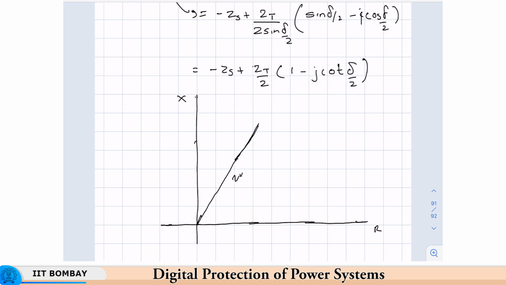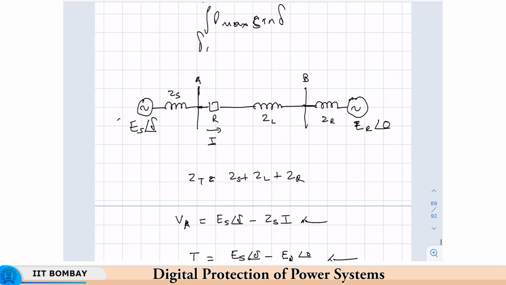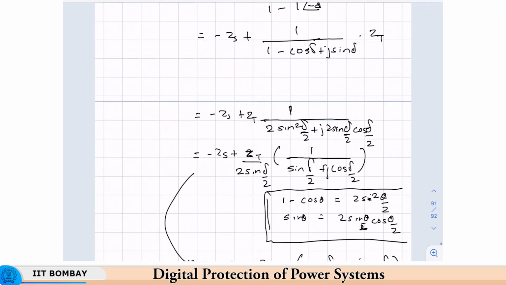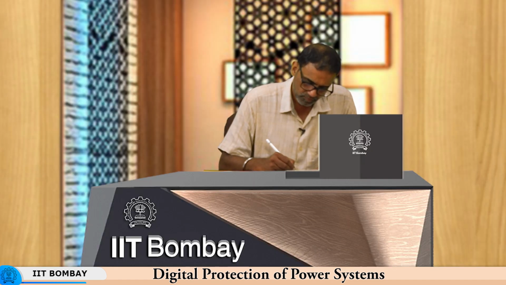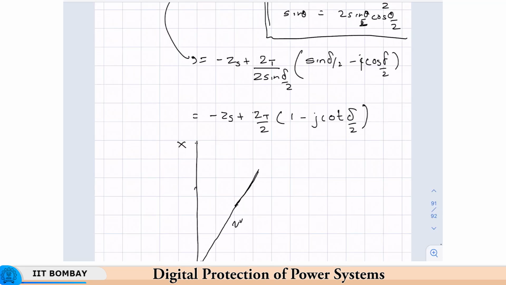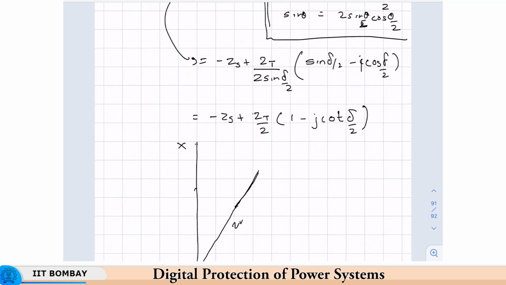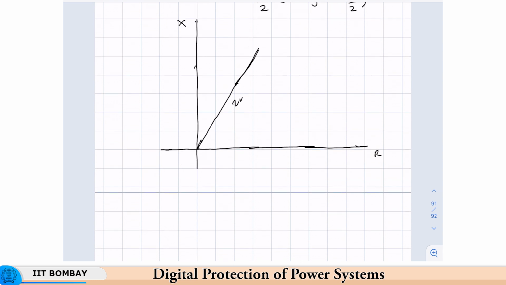Okay. Now, Zs is behind the relay. So, it is there in the opposite direction, so it will be here. So, this is Zs, and after this ZL there is Zr in the same direction of the line.